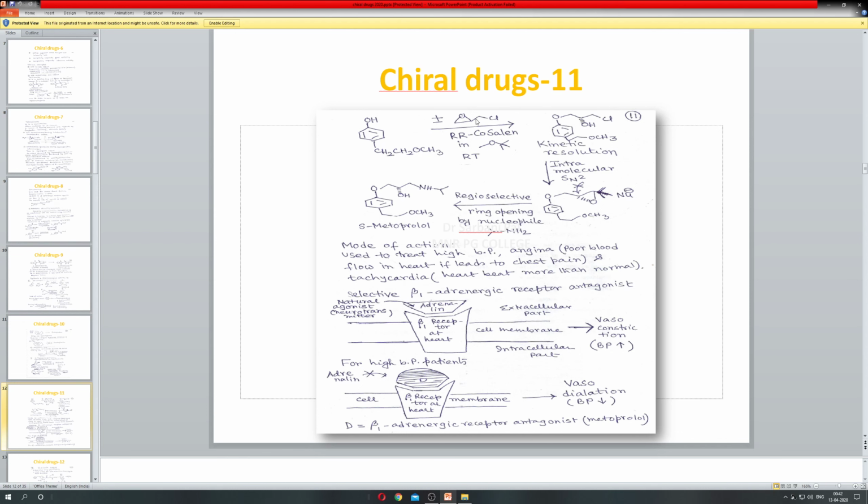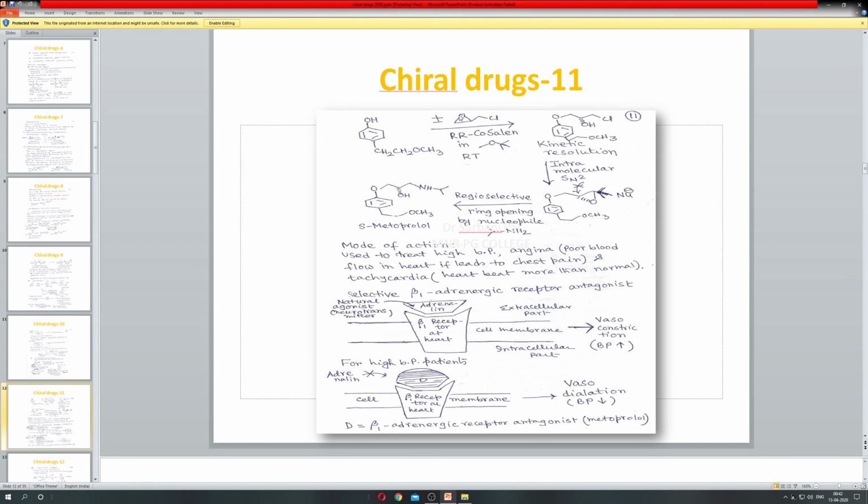Epichlorohydrin has an unstable epoxide ring, and this epoxide ring will open up by the phenolic OH oxygen. So this oxygen will attack here and the ring opens. So this oxygen will be connected with this CH2.